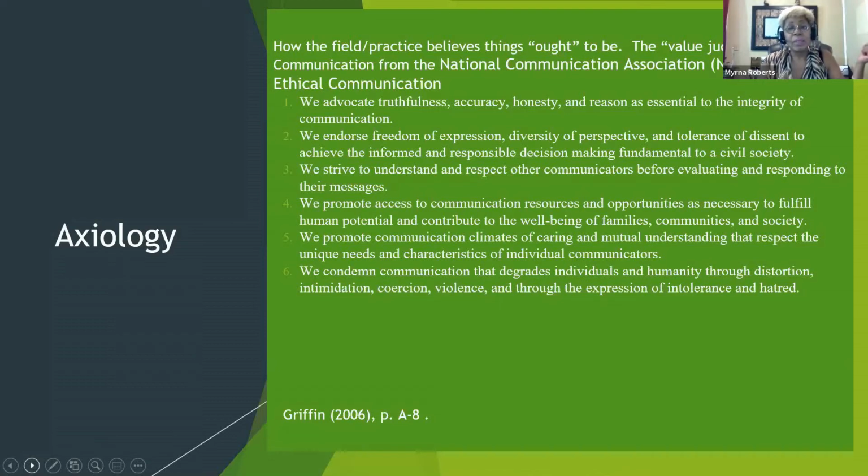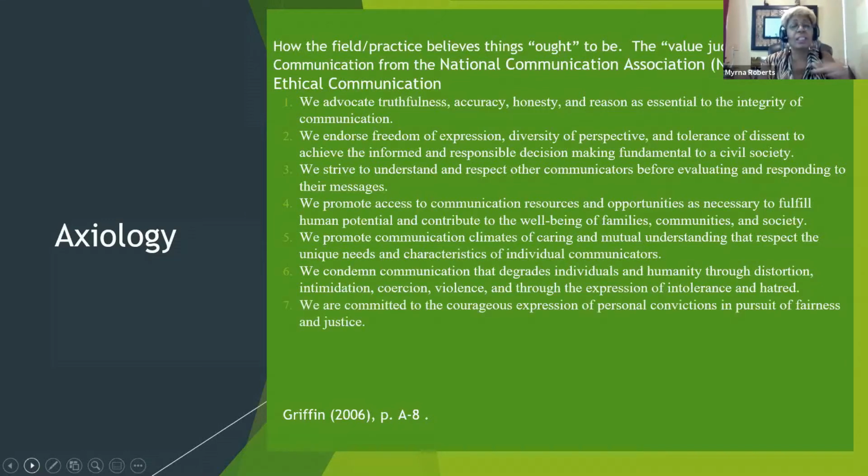We condemn communication that degrades individuals and humanity through distortion, intimidation, coercion, violence. I'm telling you these things because I'm expecting you to see this reflected in my behavior. We are committed to the courageous expression of personal convictions.